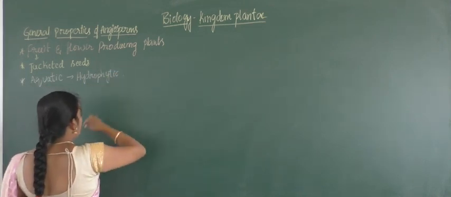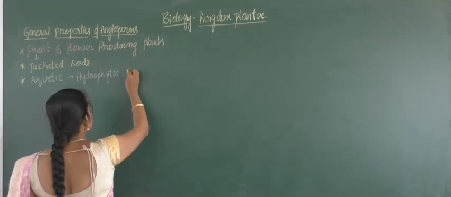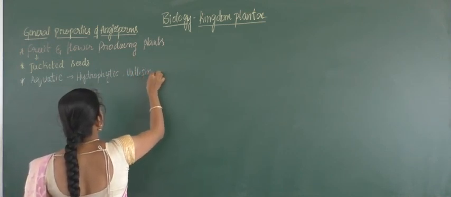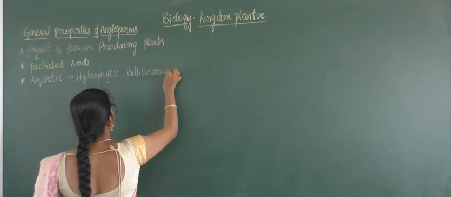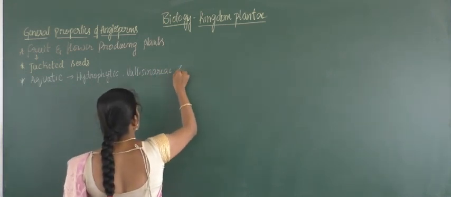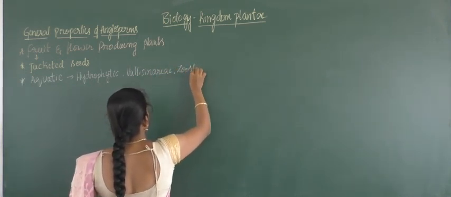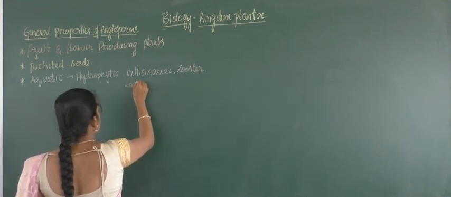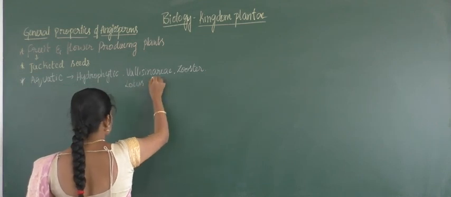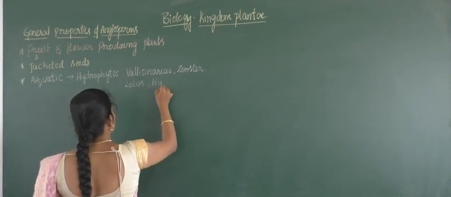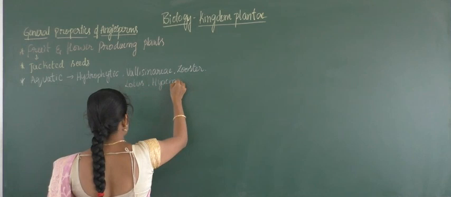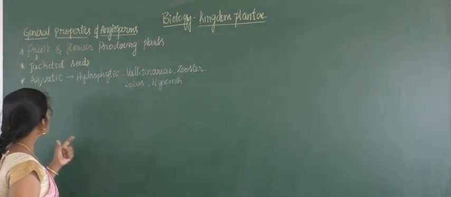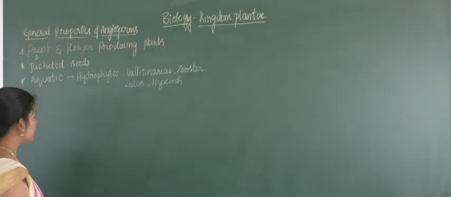The examples here are Vallisneria, or maybe Zostera, or maybe you can take lotus. You can take many examples. Water hyacinth. These are the best examples growing in the aquatic habitat.